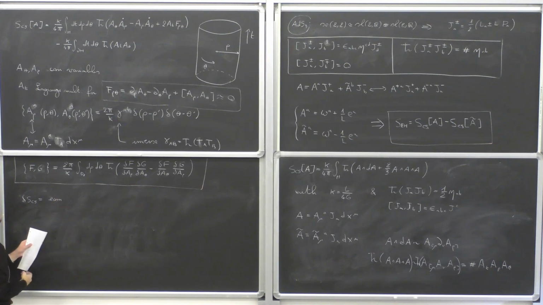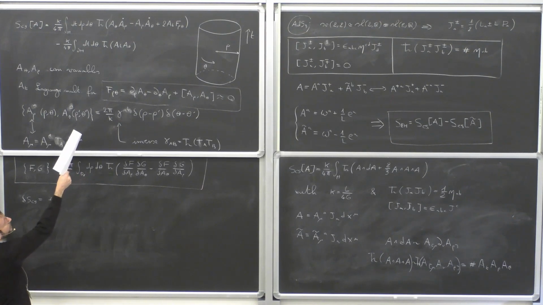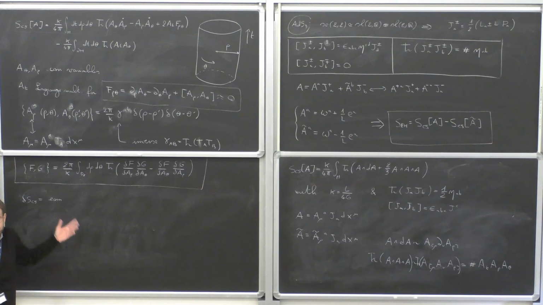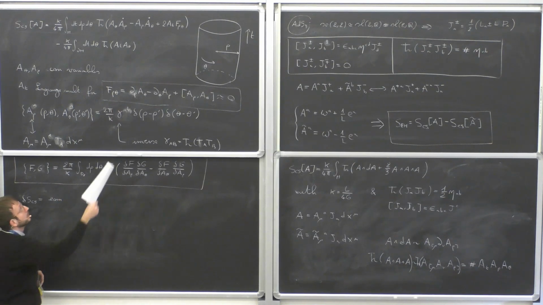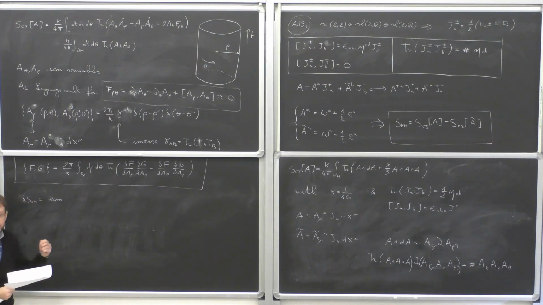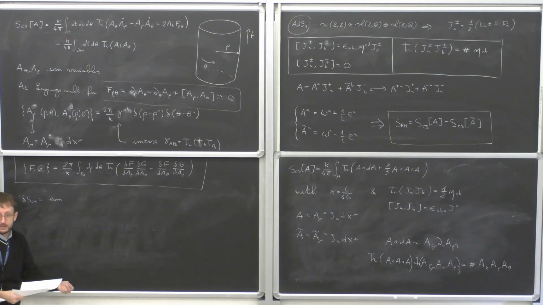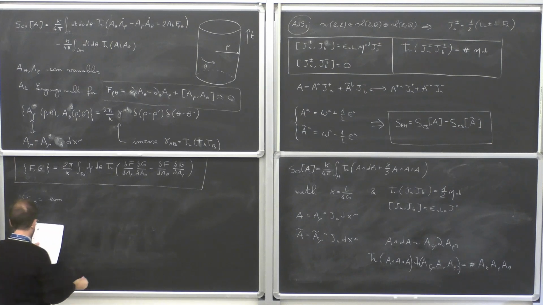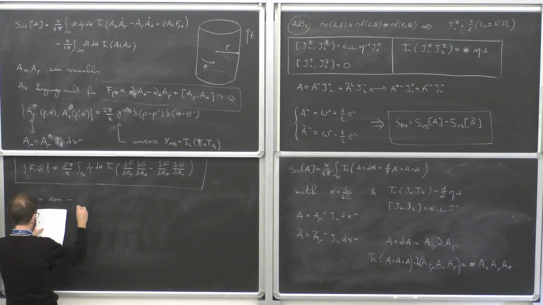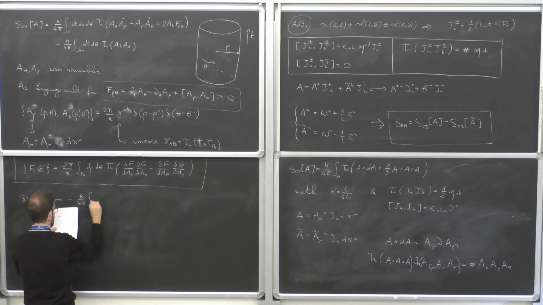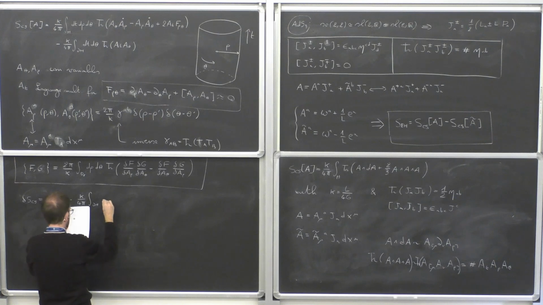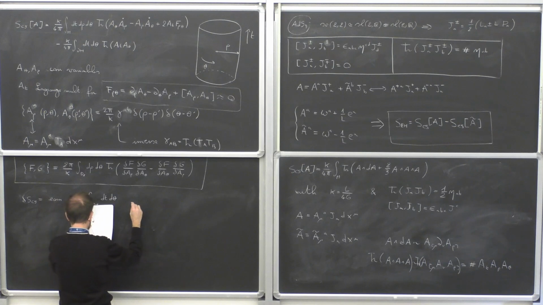I will get for sure a term proportional to the equations of motion, a bulk term, but when I reconstruct the equations of motion I have to integrate by parts, and so I gain some boundary contribution. One boundary contribution is already there, and I also get an additional one, and eventually this term will be equal to the equations of motion minus k divided by 4 pi, dt d theta.